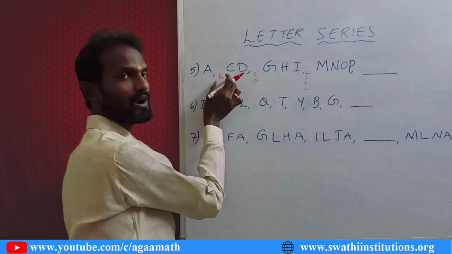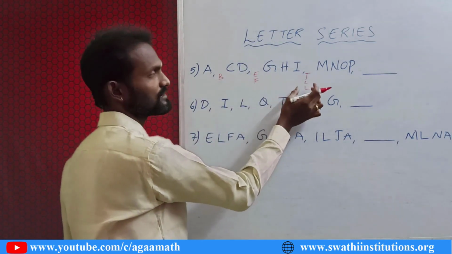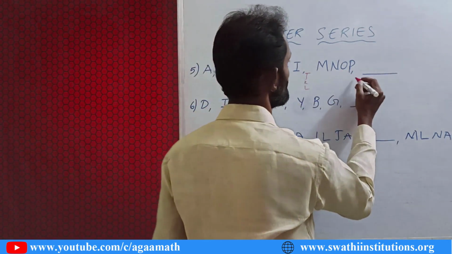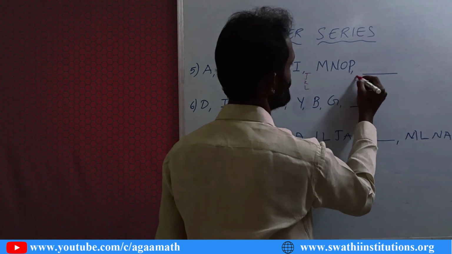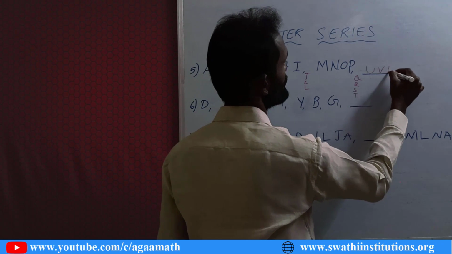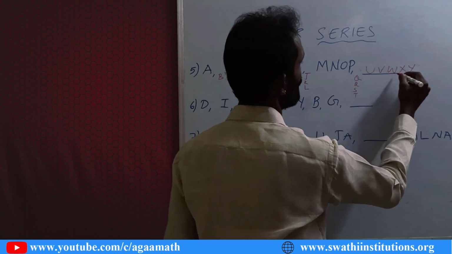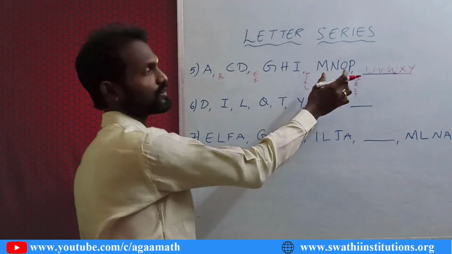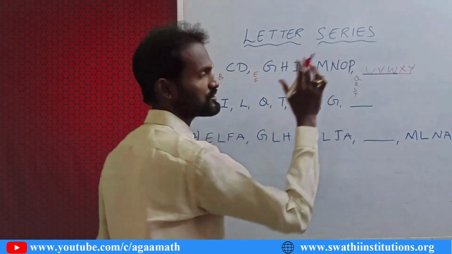So observe carefully, 1 letter, 2 letters, 3 letters are skipped. The next after L, P, Q, R, S, T. So here U, V, W, X and Y, not Z, because we know here we have 4 letters. So 5 letters are to be filled.